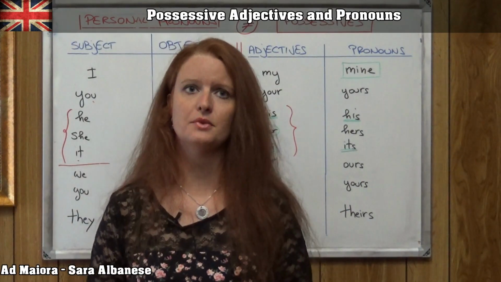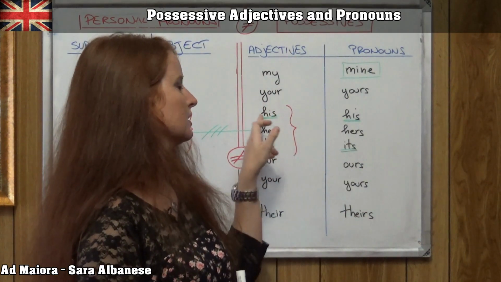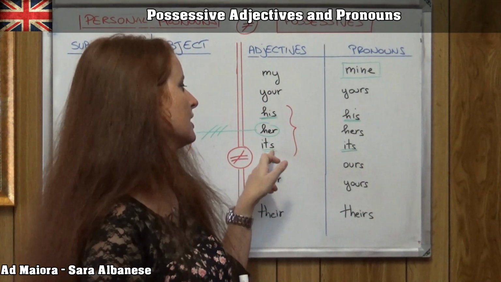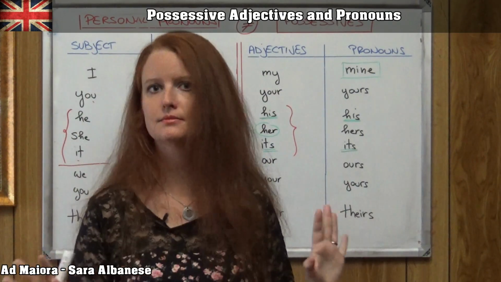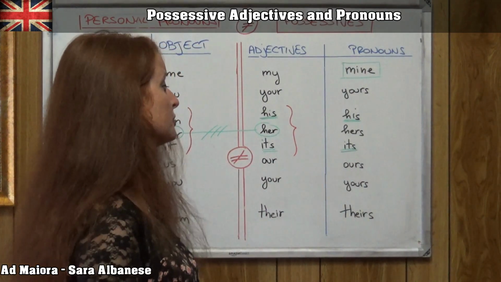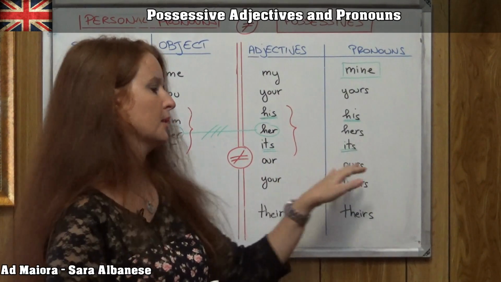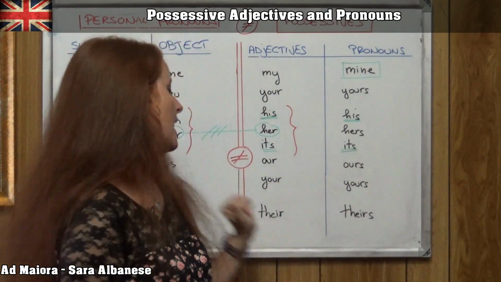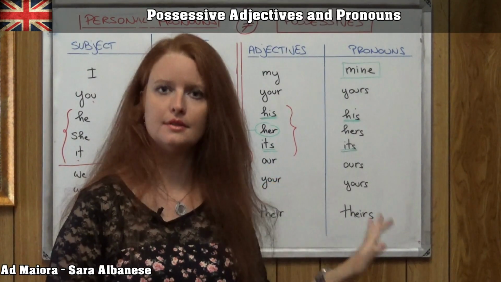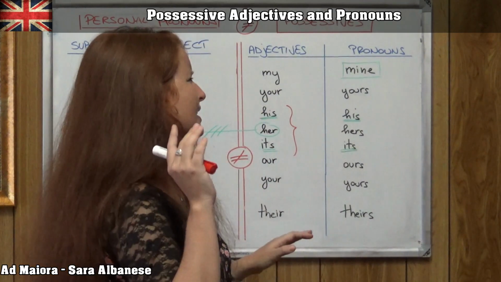Its, something that belongs to it, is the same thing as his. It already has the s at the end, so it won't change. It remains the same. The plural forms are all regular: our becomes ours, your becomes yours, and their becomes theirs. Completely regular. They add the s.